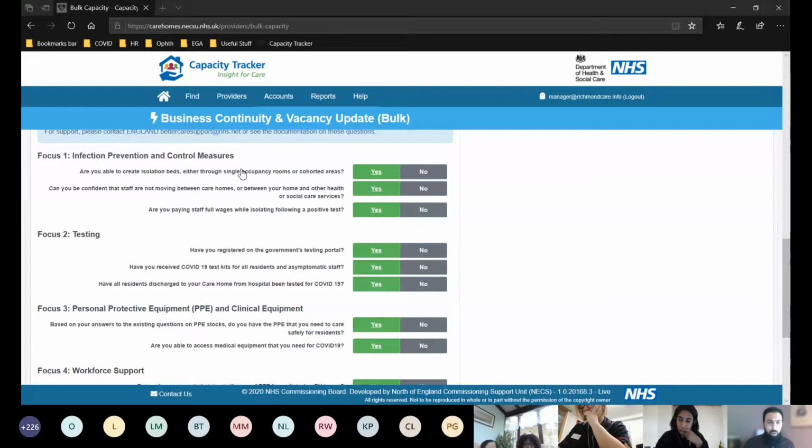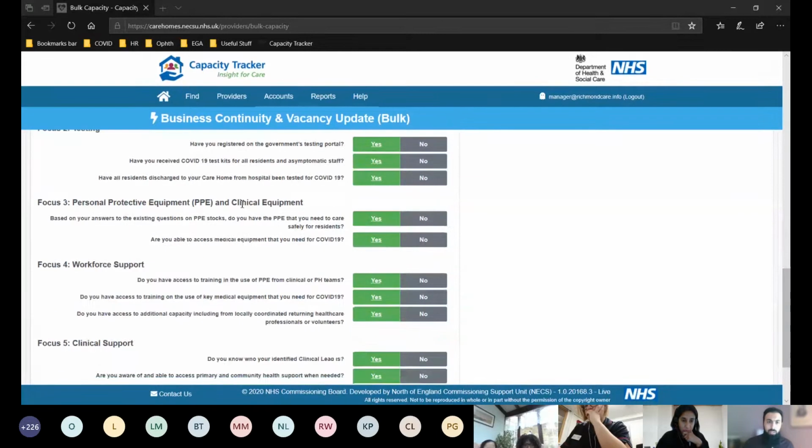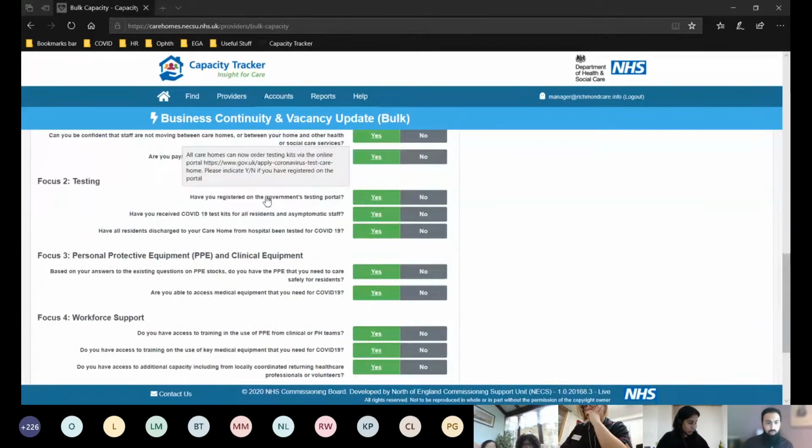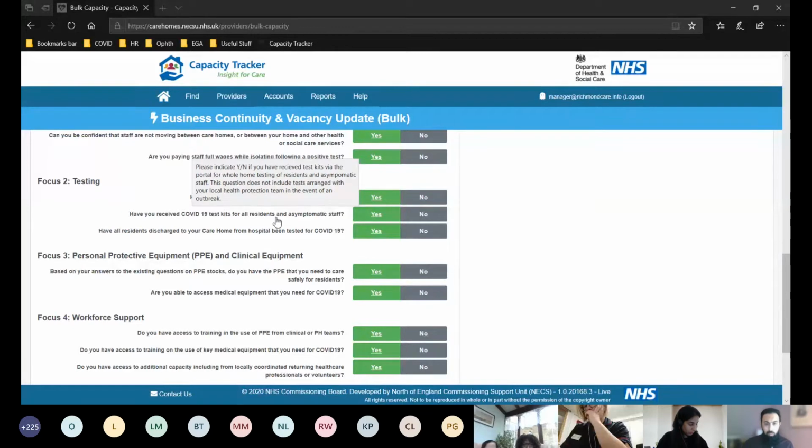The first set of questions are around infection prevention and control measures: creating isolation beds, confidence of staff not moving between care homes, and paying wages following a positive test. There is a question about the government testing portal. Hopefully most people have signed up to that. Around COVID-19 test kits, I know most care homes have been receiving those, especially if they sign up to the testing portal.